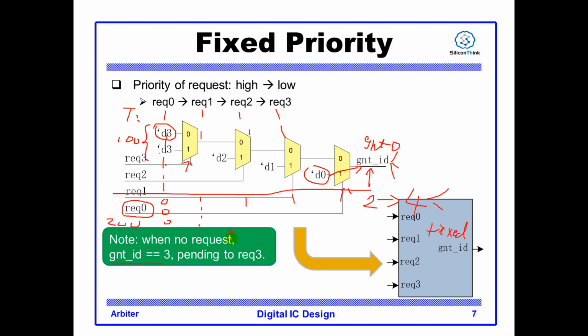Then for the first 300 cycles, request 2 and request 3 will never get granted. So this is a problem. If there is a high priority request, the lowest priority request will not be granted for a long time. They will be blocked for a long time. So for some systems, this may not work.